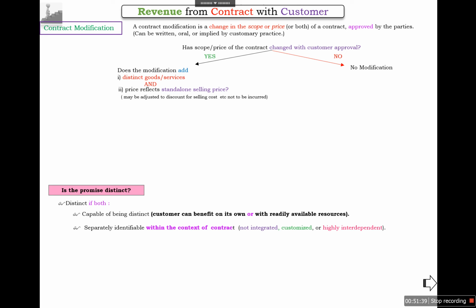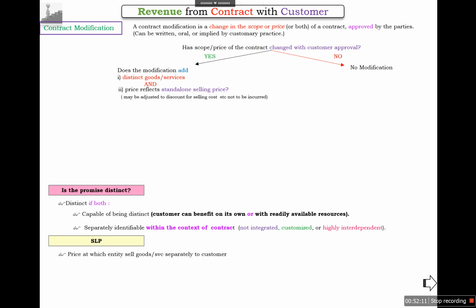So the main two things are there. The modification should be approved by the customer, and it should be for distinct goods and services at the standalone price. Standalone price is the price at which a party sells goods and services separately to the customer. For example, the market price of a laptop is 50,000. Anyone going to the seller can buy a laptop at 50,000. It will be called a standalone price.